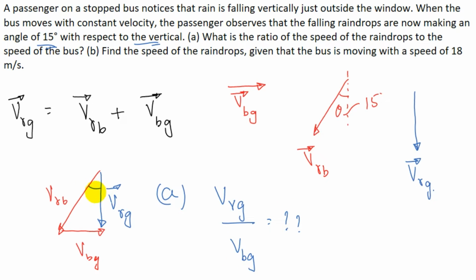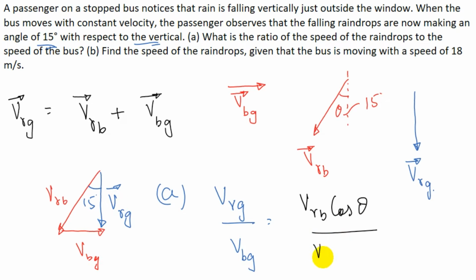Now this angle is 15 degrees. So we can use this right angle triangle to solve the A part. From this right angle triangle, we can say that VRG is VRB cosine theta and VBG is VRB sine theta.